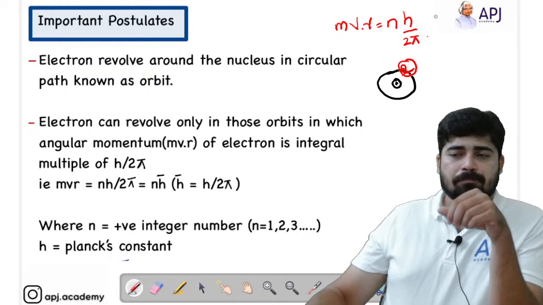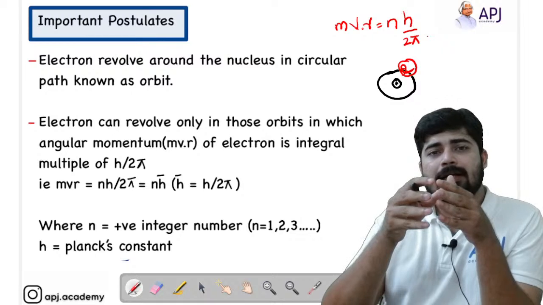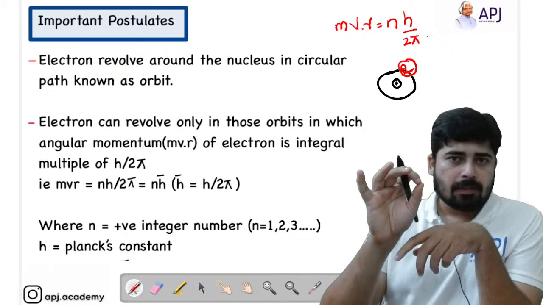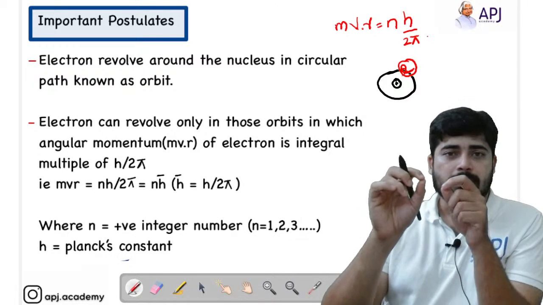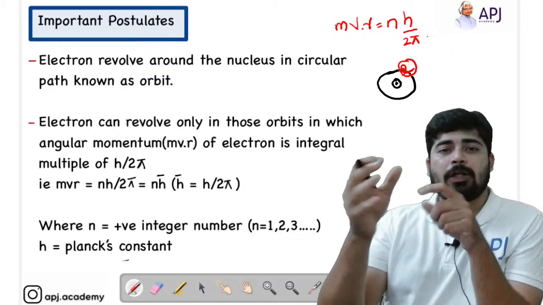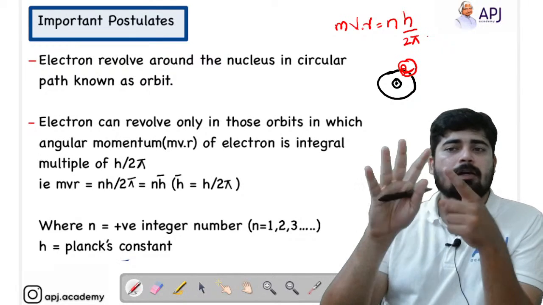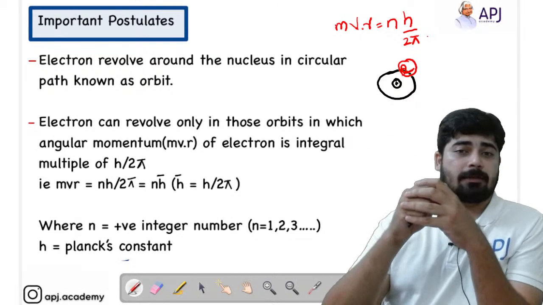That means if you consider an atom, there are an infinite number of orbits present, but the electron occupies only those orbits which are of the value 1h by 2 pi, 2h by 2 pi, 3h by 2 pi, 4h by 2 pi, 5h by 2 pi. This is what Bohr said.